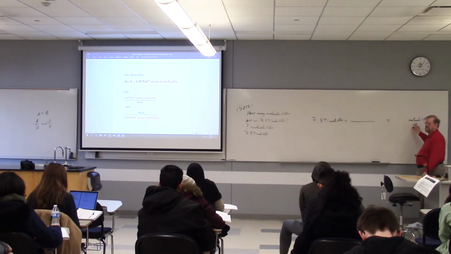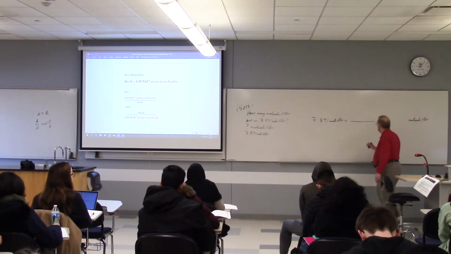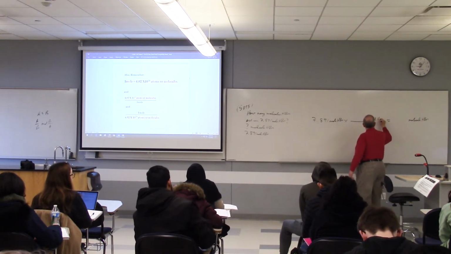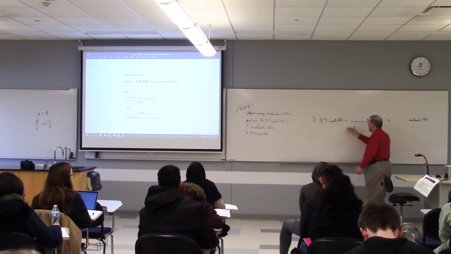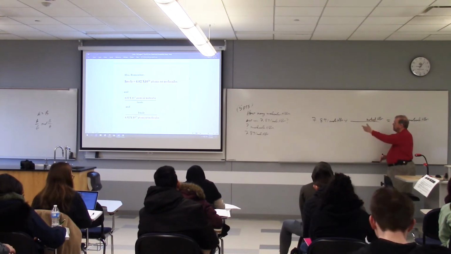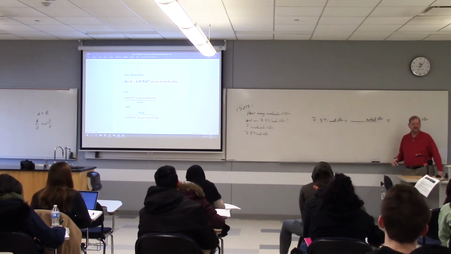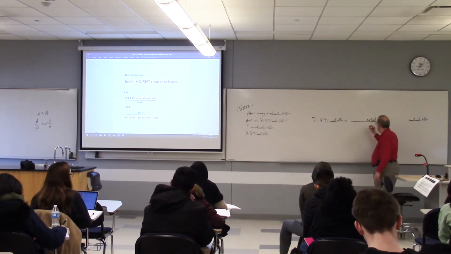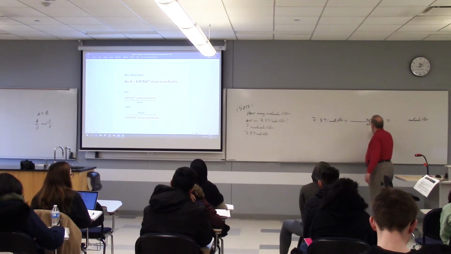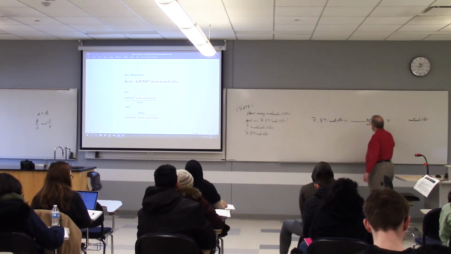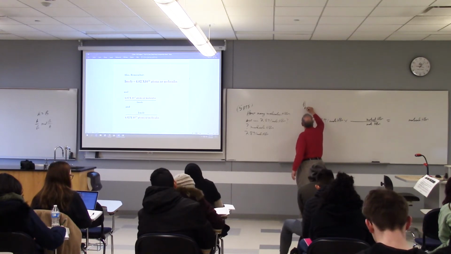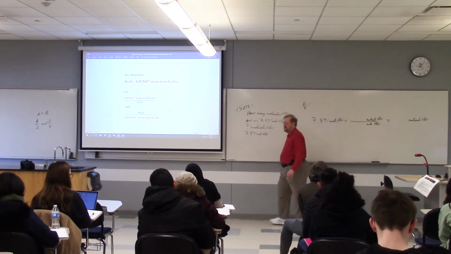Well, you look over here and say whatever unit you're trying to get to goes on top of the ratio. Whatever you're starting with goes underneath the ratio on the bottom. Why is that? Because anything divided by itself equals the number 1.